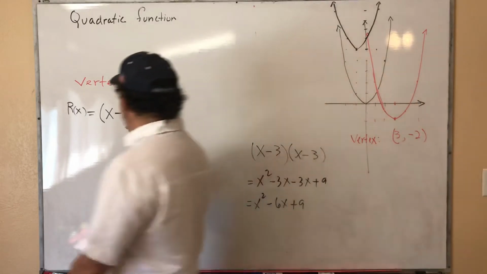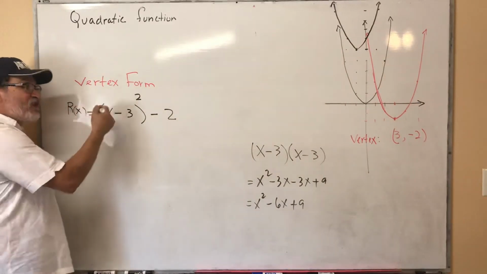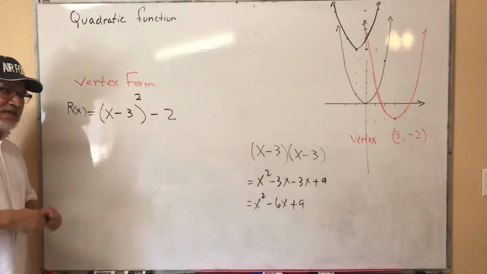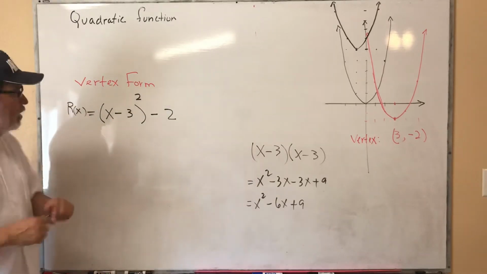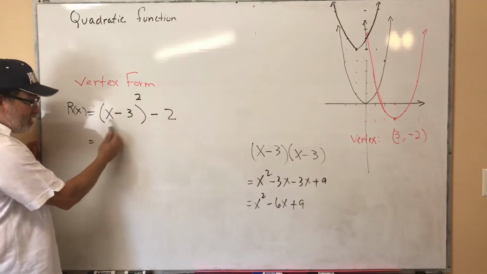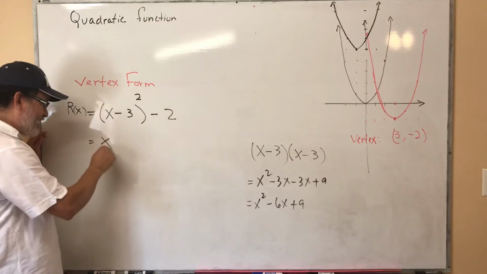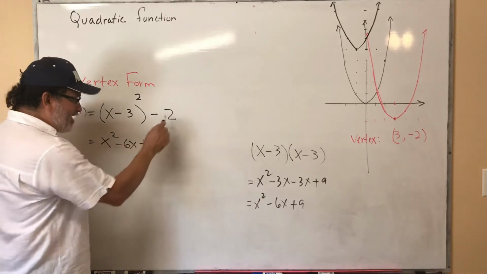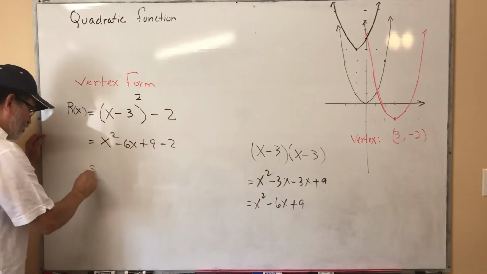And so therefore you see this? It's in vertex form, but we're going to convert it to a polynomial form. Watch this. This here is x squared minus 6x plus 9 minus 2, which is what?